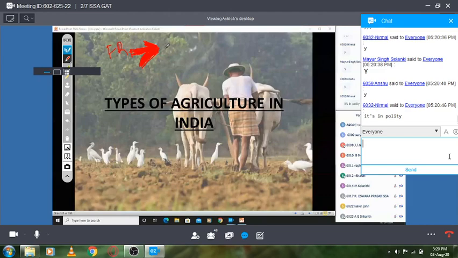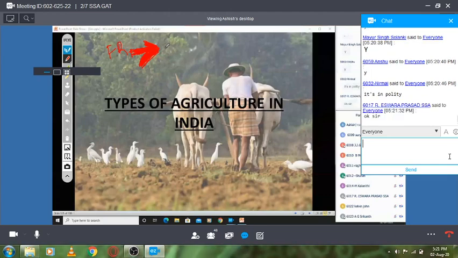On public demand, Panchayati Raj will be taken. It's in polity. I haven't taken it because it was not that important, and we don't have time also. But as you guys are telling, I will take Panchayati Raj one day. It's just a 30 minutes lecture.